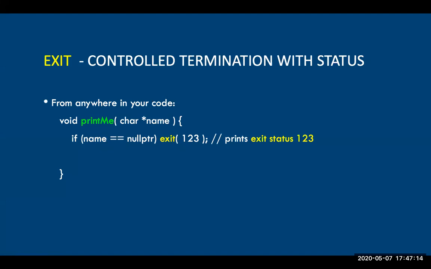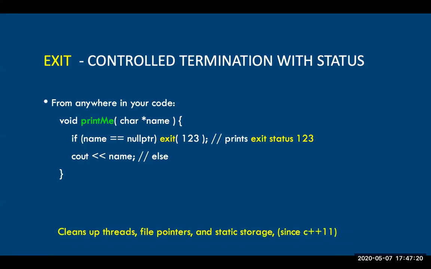So that's a pretty straightforward thing we can do. There's a few things that it's useful to know about that exit. It's going to try to clean up a few things, especially since C++11: file pointers, close down some threads, that kind of stuff.